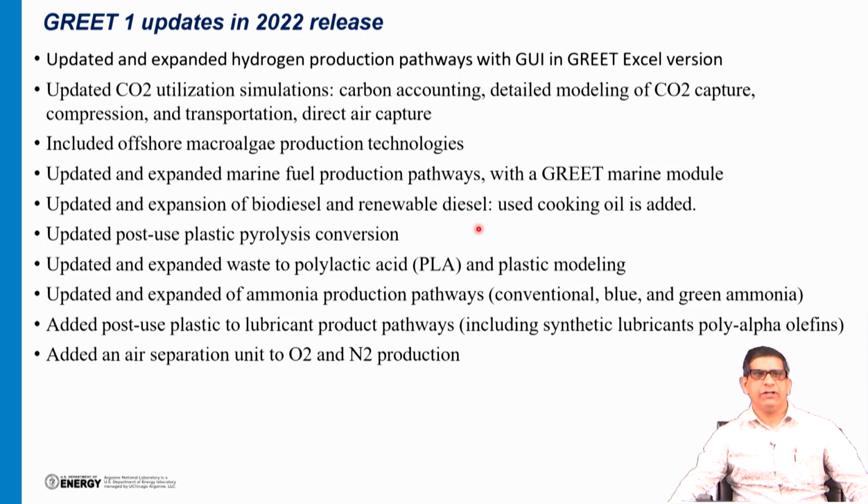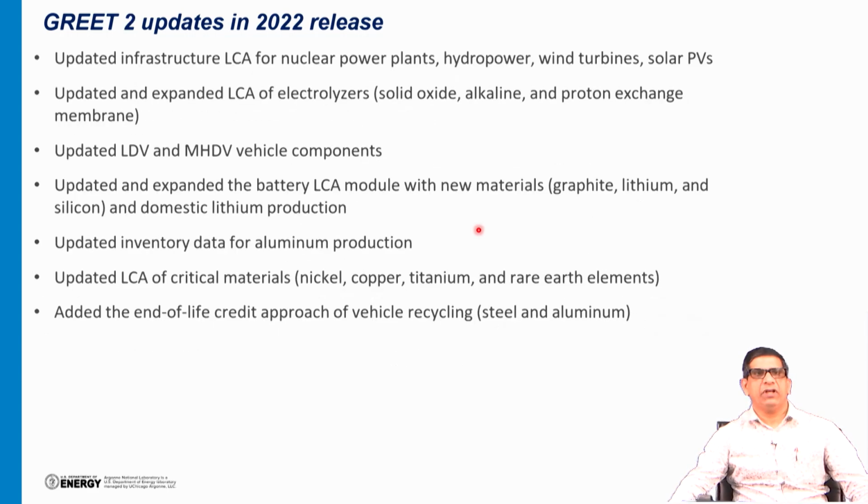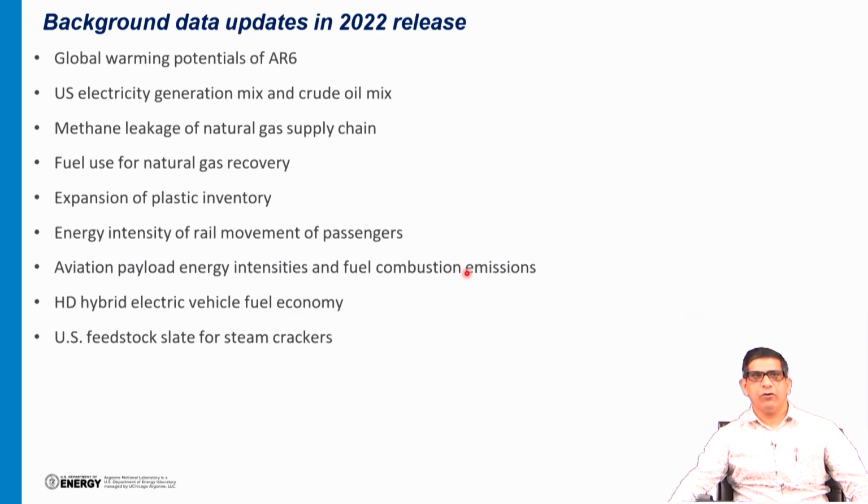Those are all included there. GREET 2 has updated infrastructure LCA for nuclear power plants, LCA for electrolyzers, an updated and expanded battery LCA module, inventory data for aluminum production, LCA for critical materials, and an end of life credit approach for vehicle recycling, all for steel and aluminum.